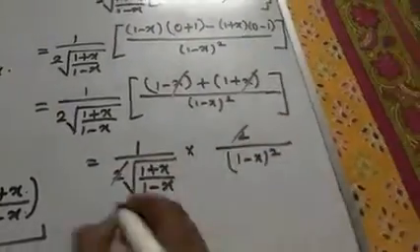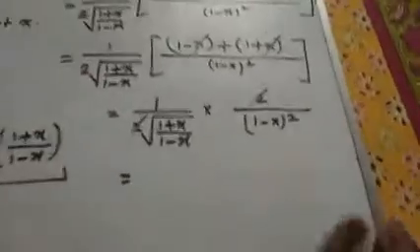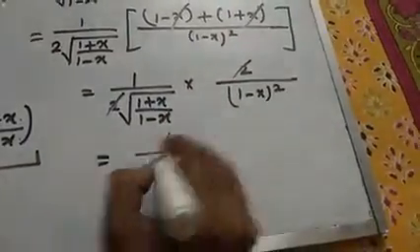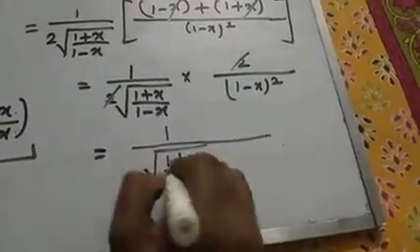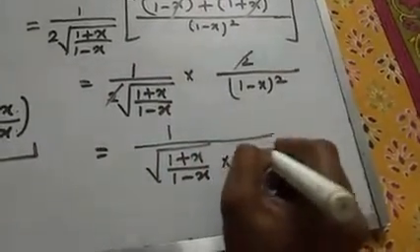This 2 will be cancelled, so we can write in a combined form 1 plus x by 1 minus x into 1 minus x whole square.